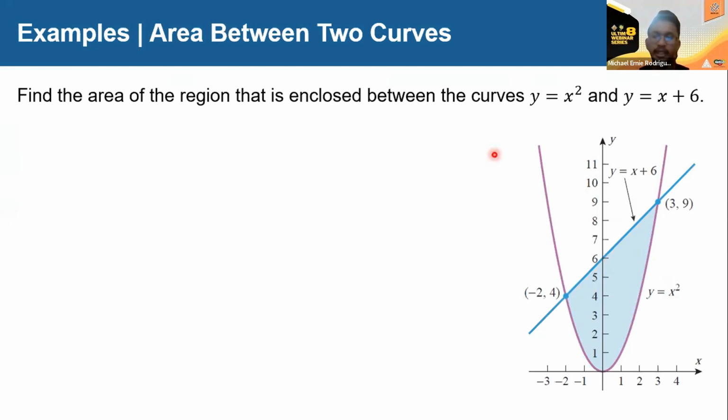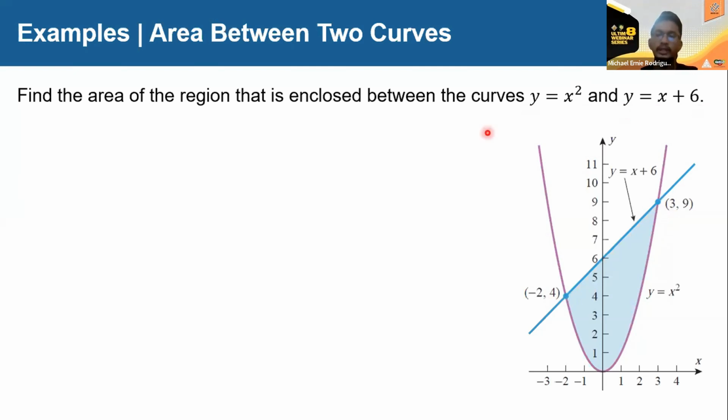Kadalasan din pag ganito, hindi given yung mga points of intersection. Okay? So we need to find for those points of intersection. Kailangan natin to kasi yan yung magiging limit natin for our integration. Okay? Meron dito sa book. Okay? So pero kung hanapin natin ito, we have the curves y is equal to x squared and then this line, y is equal to x plus 6.